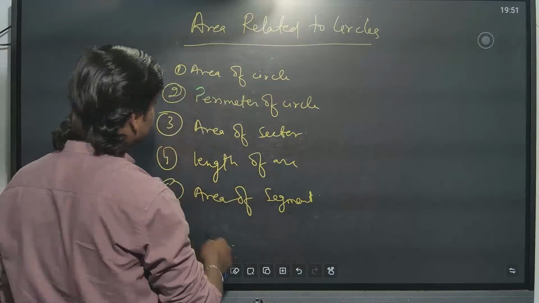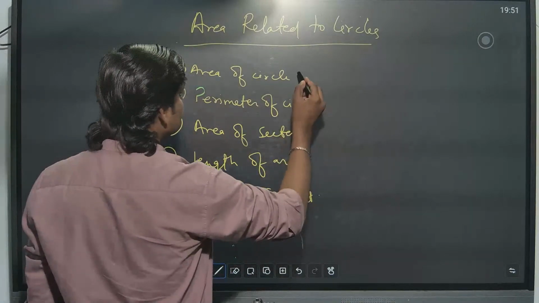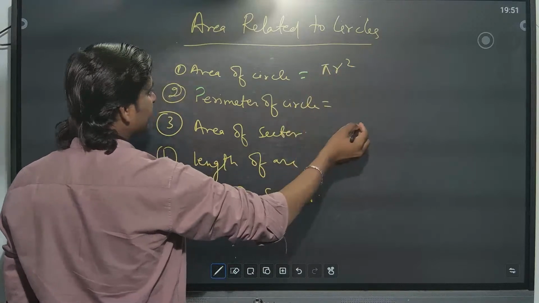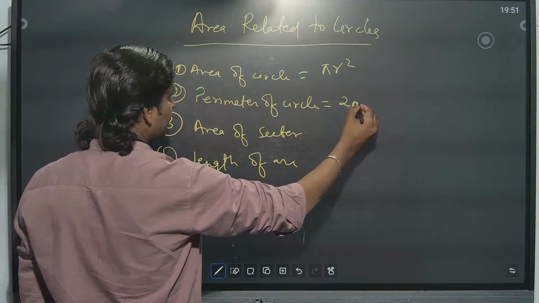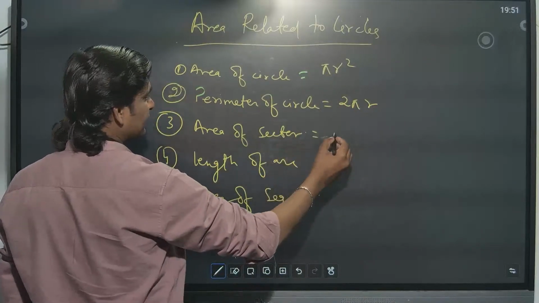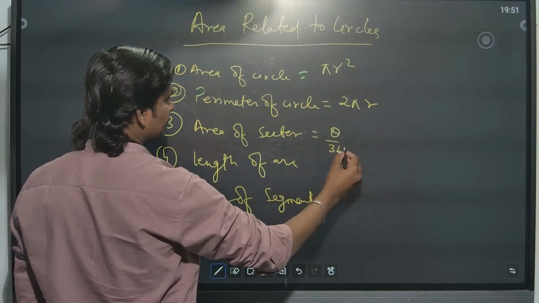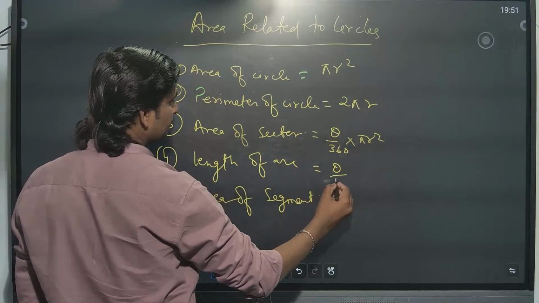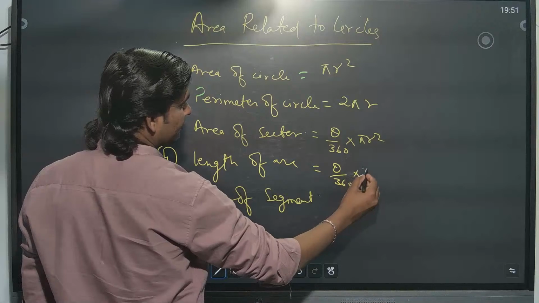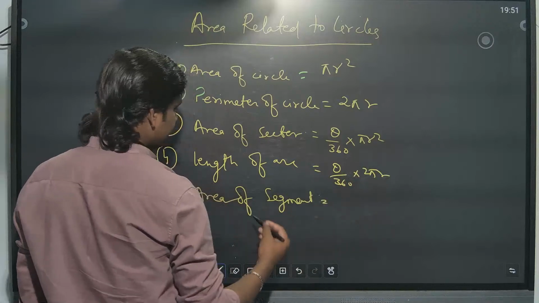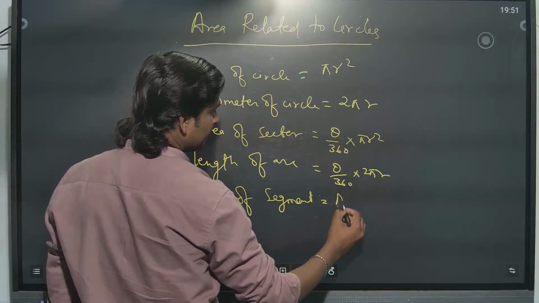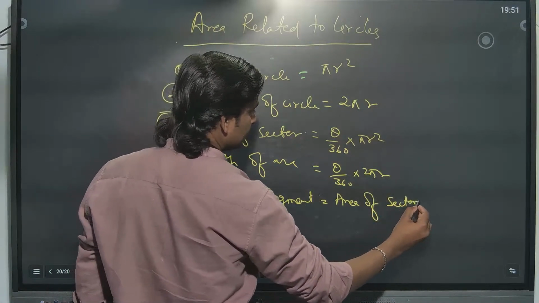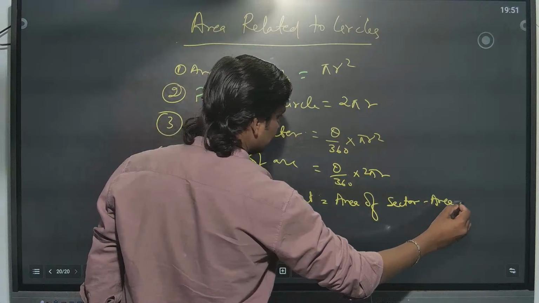So these are the concept formulas. I will write area of circle is nothing but pi r square, perimeter of circle 2 pi r, area of sector theta by 360 into pi r square, length of arc theta by 360 into 2 pi r, area of segment is nothing but area of sector minus area of triangle.